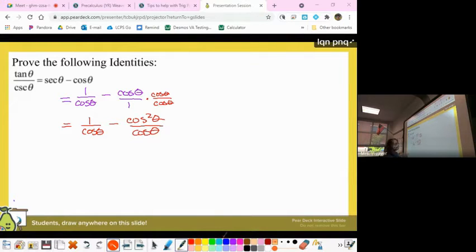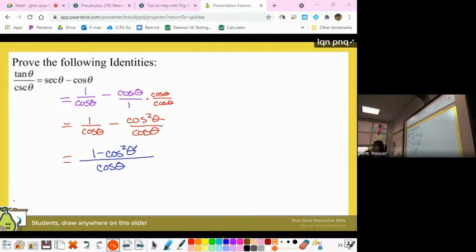Okay, so now in my next step, I have a common denominator. So I can write those terms together over that common denominator. So I can make my denominator cosine theta, and that gives me 1 minus cosine squared theta over cosine theta. Okay, and I'm feeling good. I've got it down to where it's looking a little more like one term, and I see those squareds.